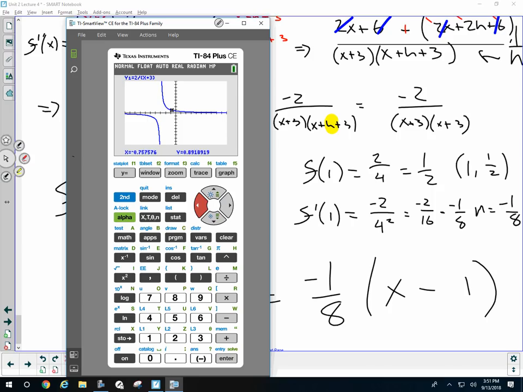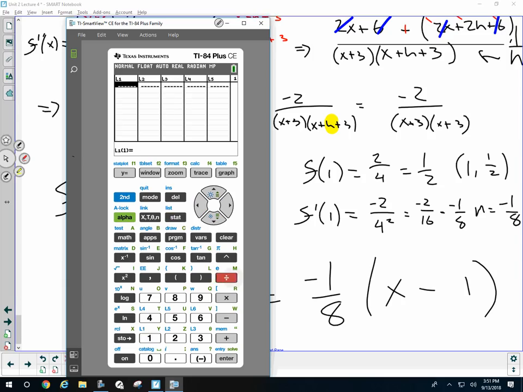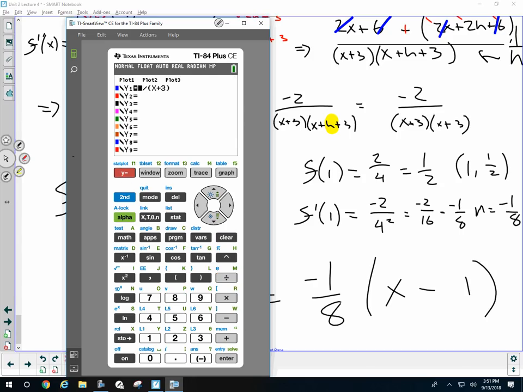Okay? Well, how slowly is it moving down? We found out it's moving down at this rate, -1/8 of a y for every x. It's nice to be able to see that tangent.